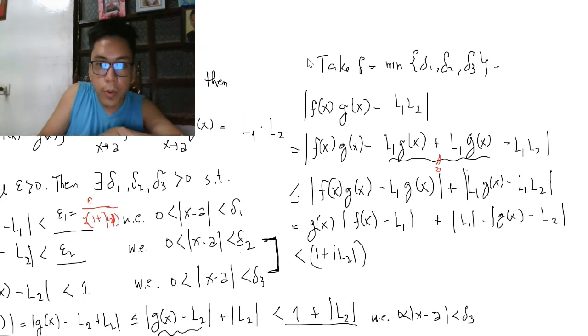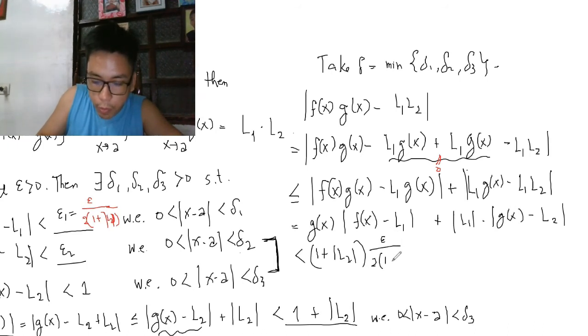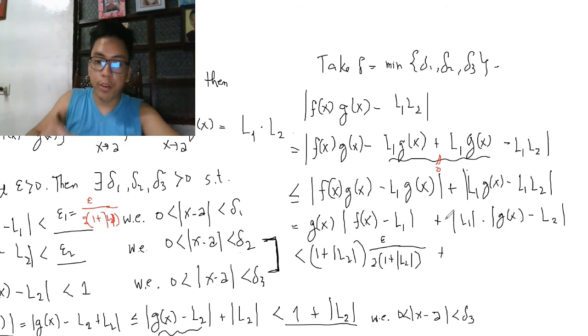Okay, so in this case, I have epsilon over 2 times 1 plus the absolute value of L2 plus my absolute value of L1. The absolute value of L1, of course, is always less than 1 plus the absolute value of L1.